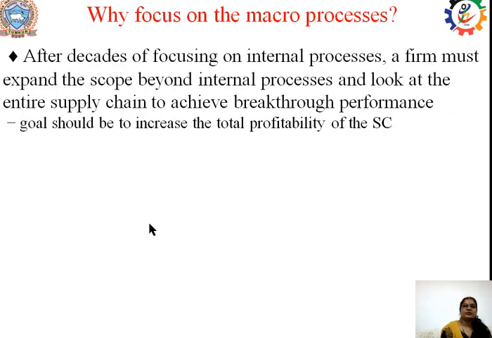Why focus on macro processes? Any manufacturer should first focus on all the transactions that take place internally, within the production facility itself. Once all those processes are optimized, with no more scope for optimization within the stage, then he looks at other stages beyond the boundaries.